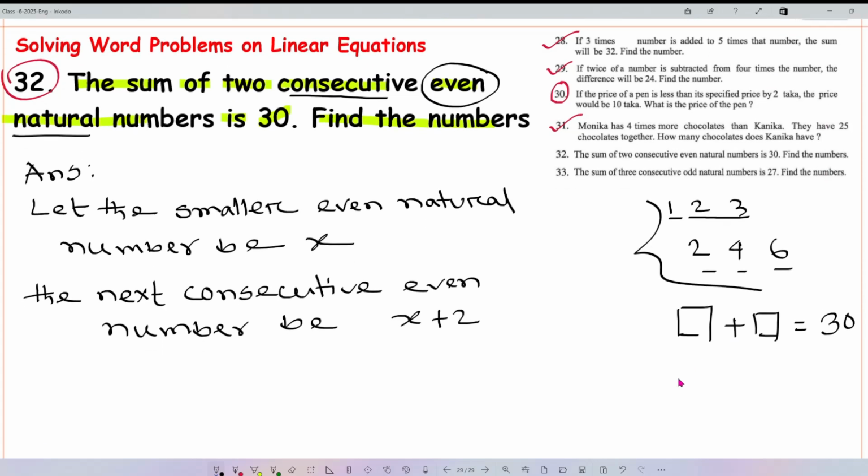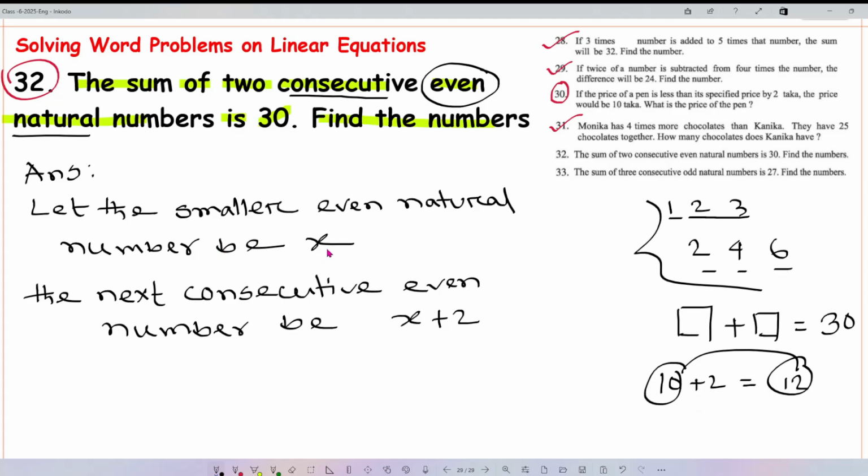Look, 10 is a natural number and an even number. Once we add 2, it becomes 12. So 10 and 12 are consecutive numbers. So once we add 2 to an even natural number, we get the next even number.